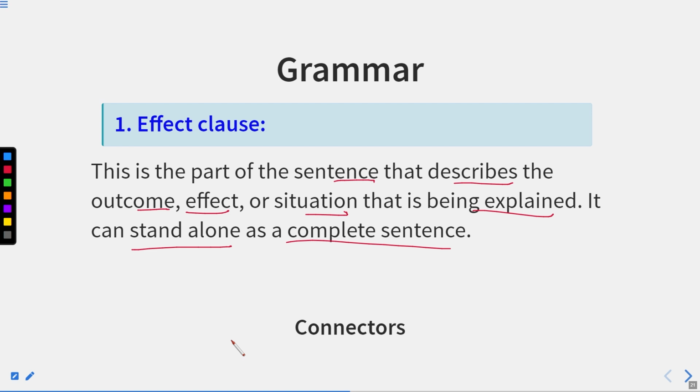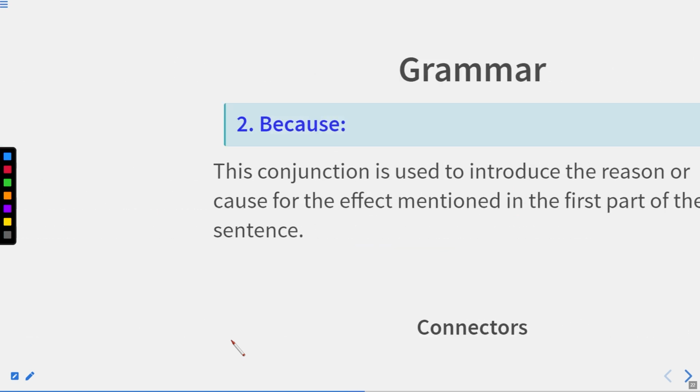That is not a complete sentence. That cannot make a complete sentence. But the effect, the result, is a complete sentence which can stand alone as well, no matter whether there is another sentence there or not.